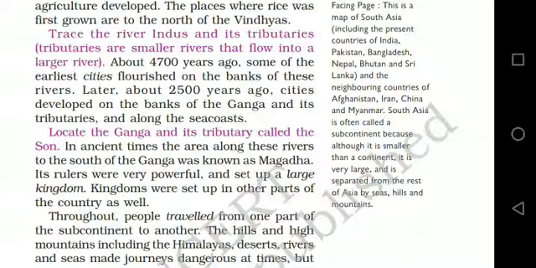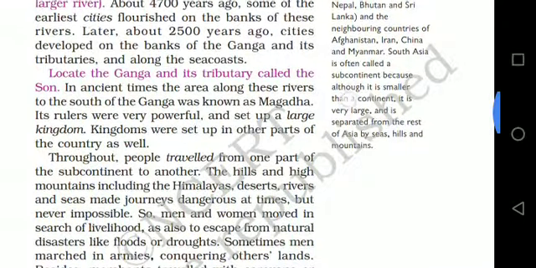So you can understand that around 4,700 years ago some cities flourished on the banks of these rivers, and around 2,500 years ago people started living along the Ganga and its tributaries and made their own cities there.